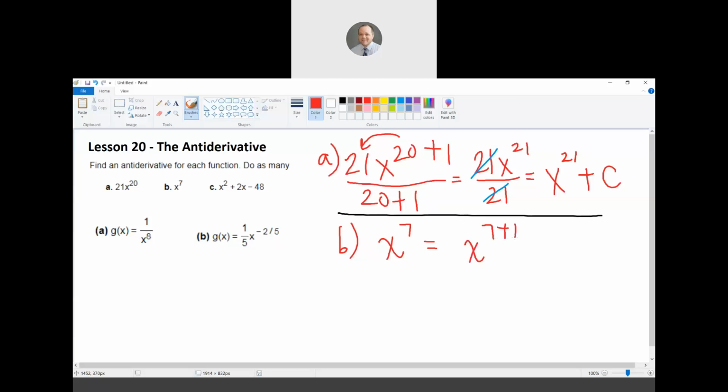Now, instead of moving your original exponent to the front and multiplying it by 1, understood to be 1, you do the opposite of multiplication, which is division. So we'll divide our antiderivative by our new exponent. Our final answer is x to the 8th power over 8. And don't forget your plus capital C.